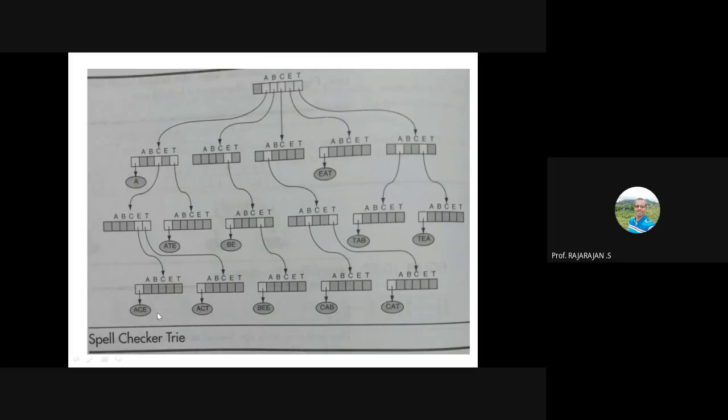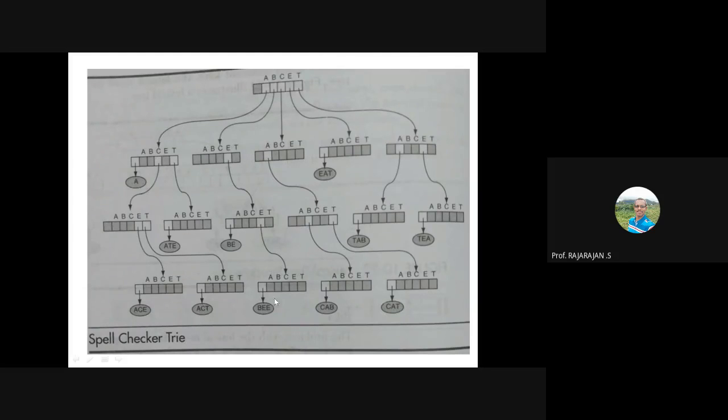So there are two options. But in this case, the only word with the combination of E and A is EAT. So they have just included it in the previous level. Instead of adding one more level, they have completed it in this level itself.